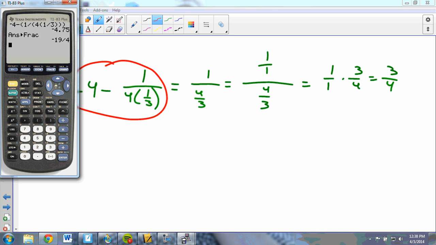This right here is the part that's going to get ruined. That 4 times 1/3 has to be in parentheses. So I think I could have done this: -4 minus 1 divided by parentheses 4 times 1 divided by 3. That's the simplest way I could have written that. And then arrow frac, it's not going to give you the whole number, but it's going to give you that.